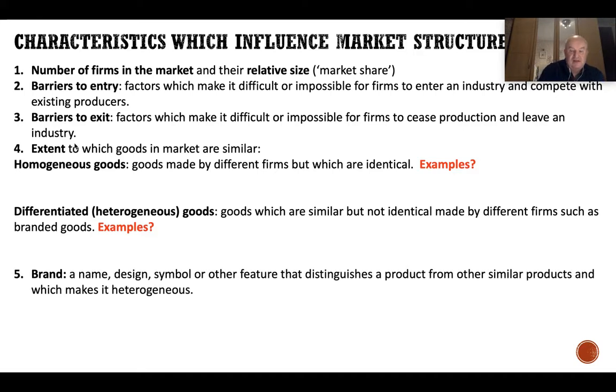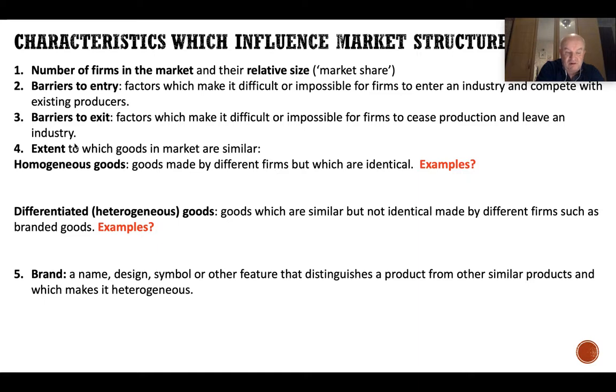So if we look at the next thing, which is related to differentiated goods or differentiated brands, in some cases, if a brand is a very strong one, the name, the design, the symbol, and other features that distinguish that product from other similar products will make it heterogeneous.